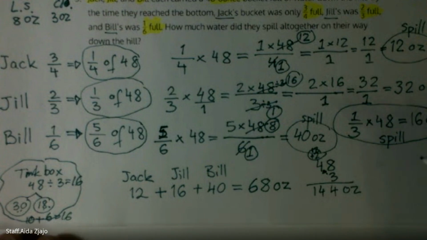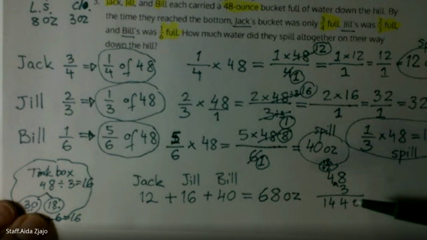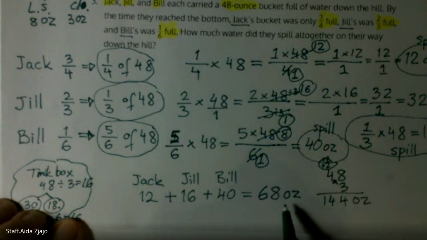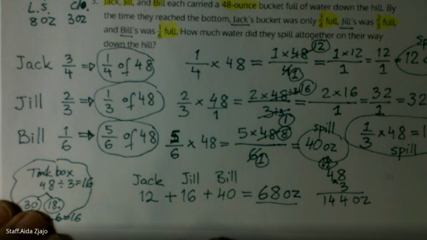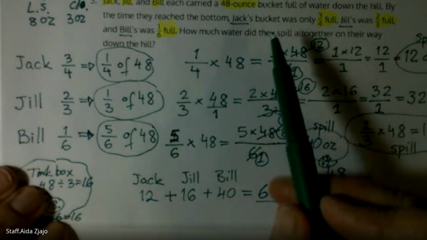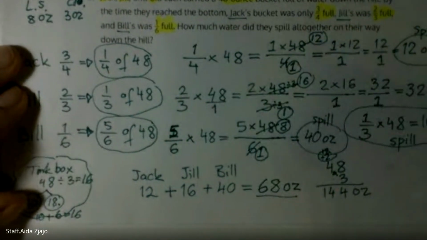So altogether 3 kids were carrying 144 ounces, and altogether they lost 68 ounces of the 144 ounces that they were carrying. So how much water did they spill altogether on the way down the hill?